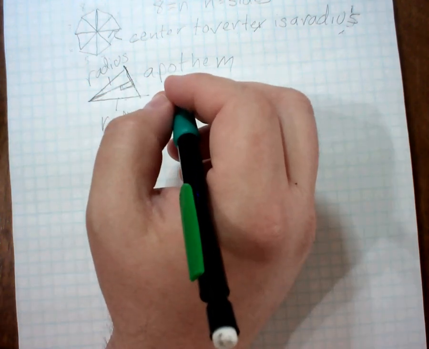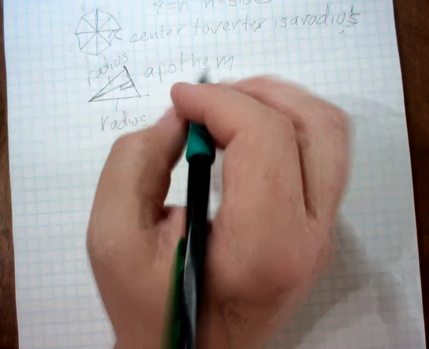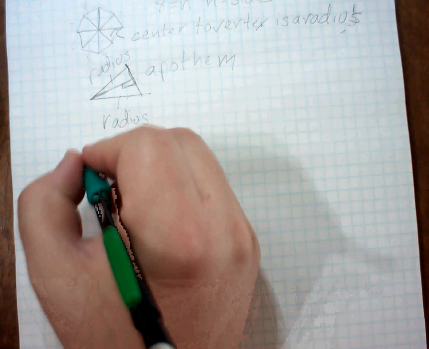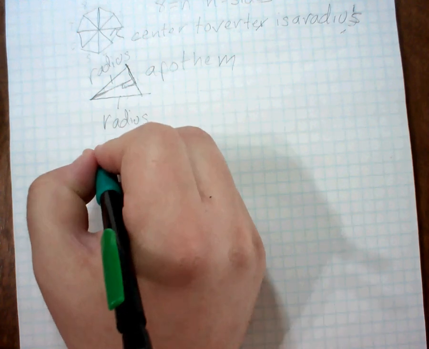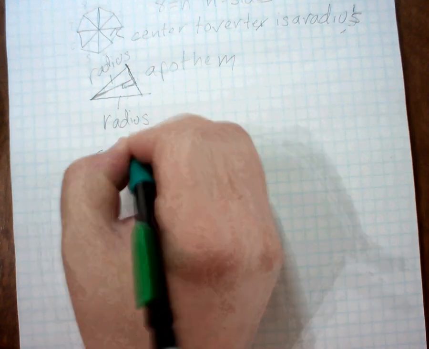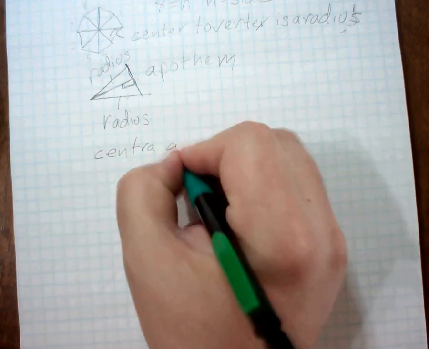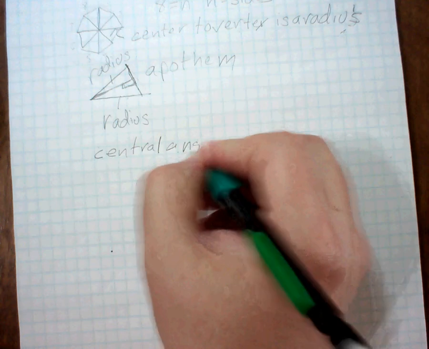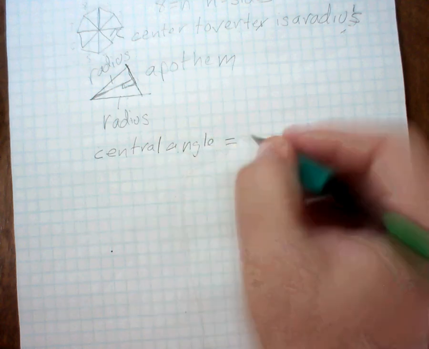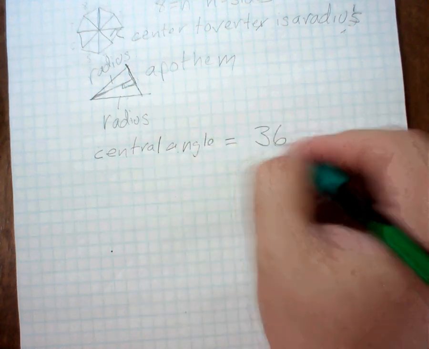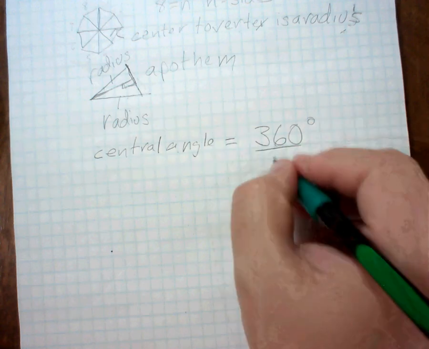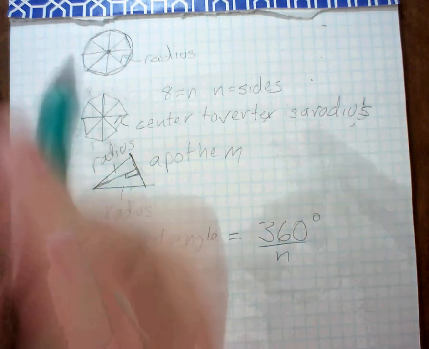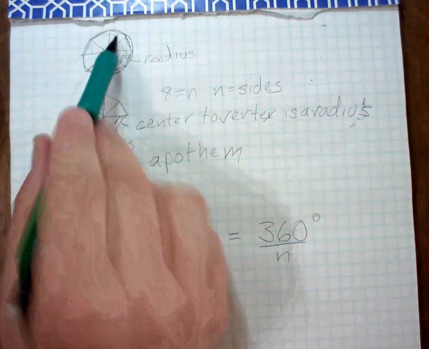And so the formula to find the central angle is, your central angle is equal to 360 divided by the number of sides, right? Because that makes sense. A full circle is 360 degrees, right? So a full circle is 360.